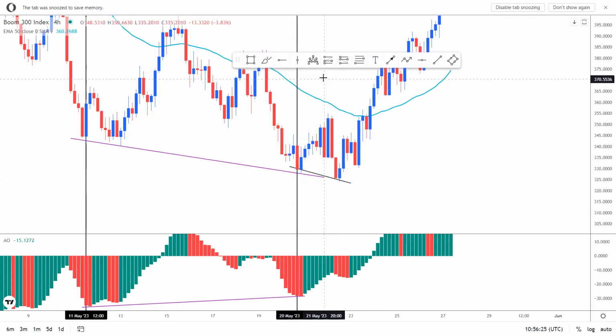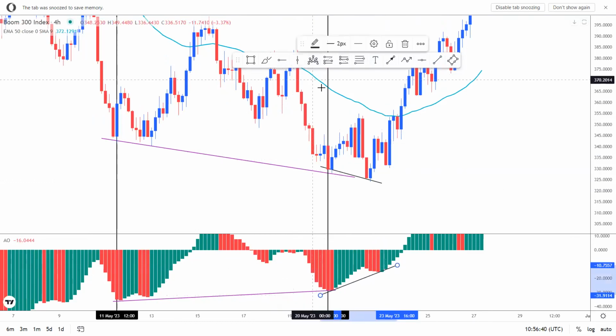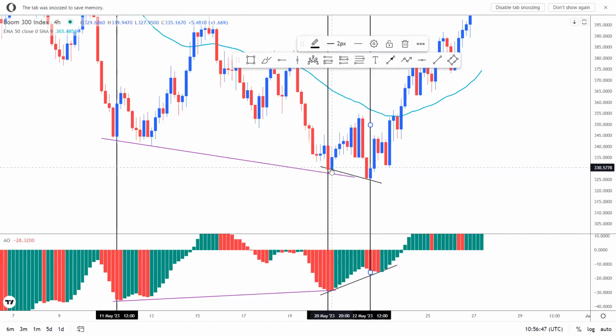And then at that very level, let's move down to the awesome oscillator and see what was presented to us. The reverse is the case here. We're having to see what? A higher low right here, right at the level. So while we had a 4-hourly lower low as seen from the candlestick representation here, we're seeing the awesome oscillator giving us a higher low.